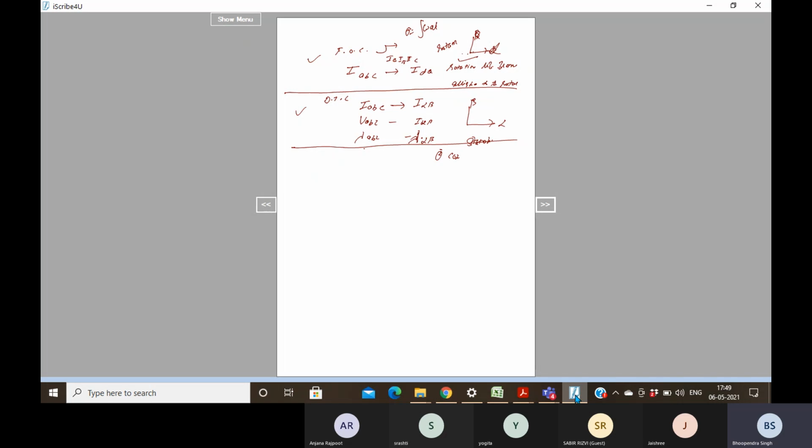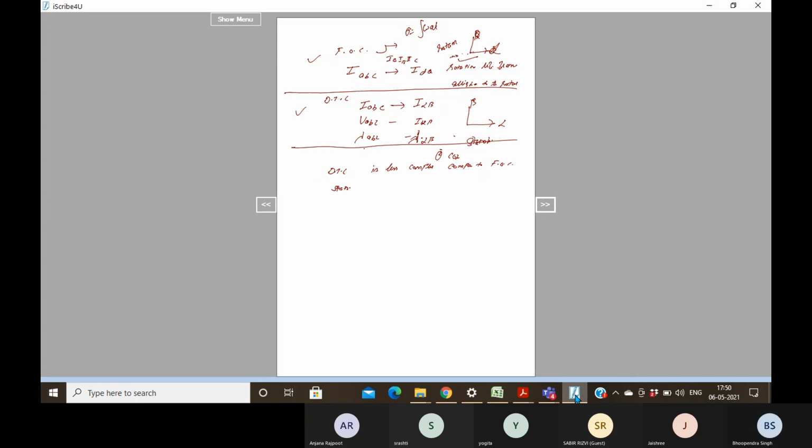So rotor position has to be known at every instant. Here you don't have to know rotor position. So the first advantage of DTC is it is less complex compared to FOC. Why? Because it operates in stationary reference frame. This operates in rotating reference frame.